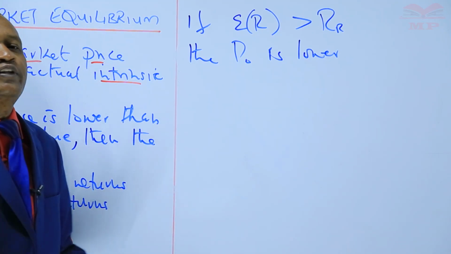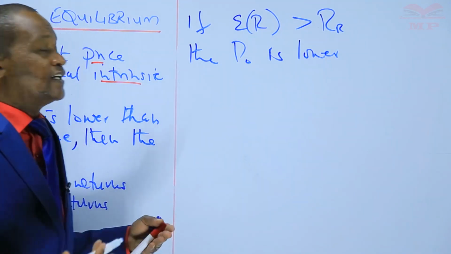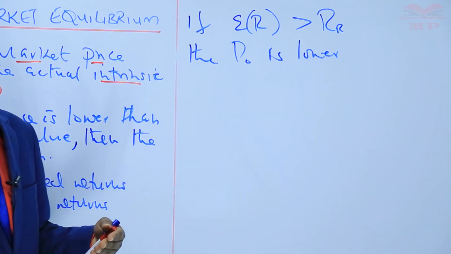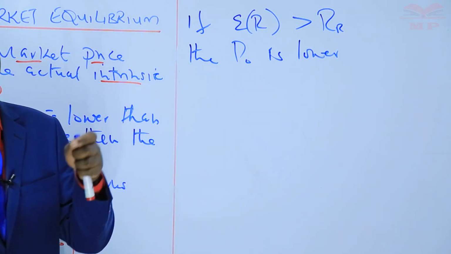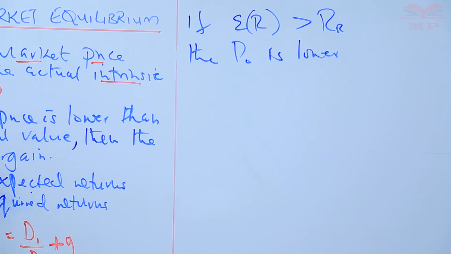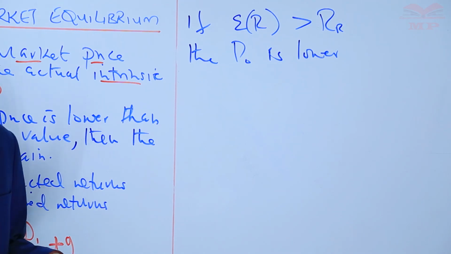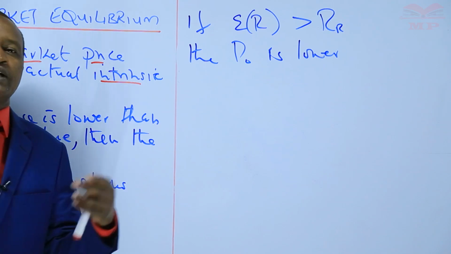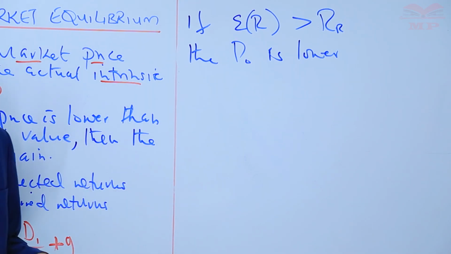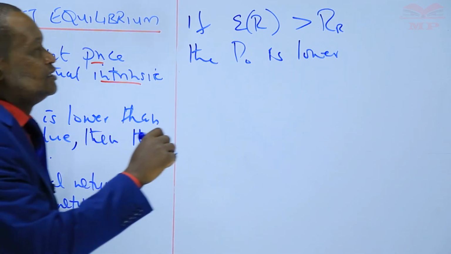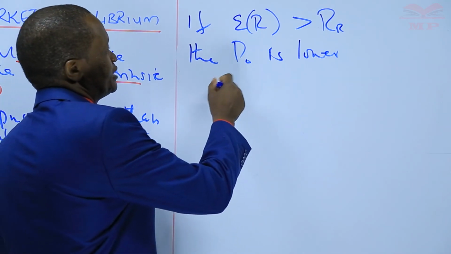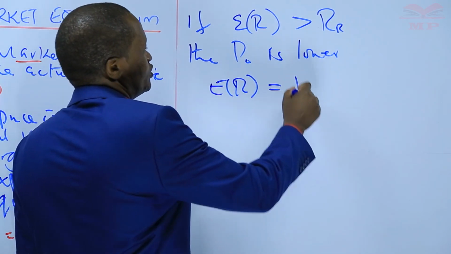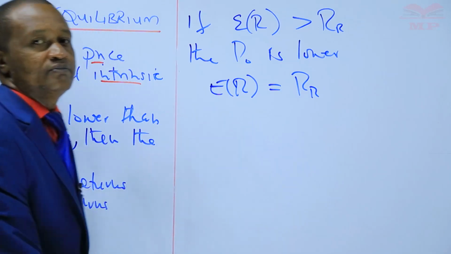If the price is lower than the fundamental value, the stock is a bargain, buy orders will exceed sell orders, and the price will be bid up until the expected return is equal to the required return.